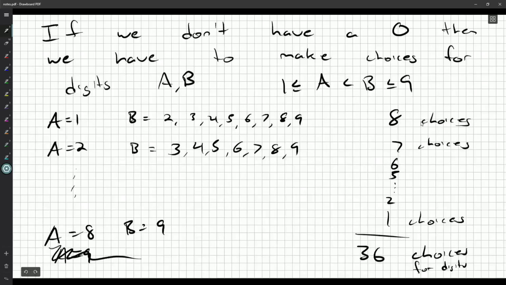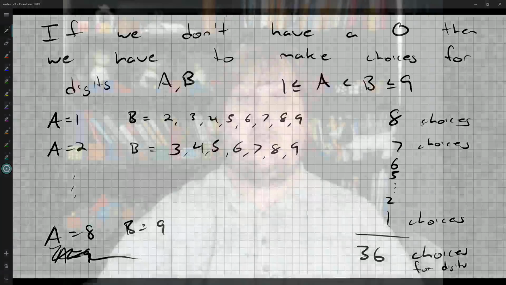Okay? So 36 possible choices, and then what we have to do is we have to choose how these digits are arranged. And so there should be 6 ways to do that. We'll write them out and explain that in just a moment. But you'll notice, how are we counting? Well, we're splitting up into cases where things needed to be treated differently.